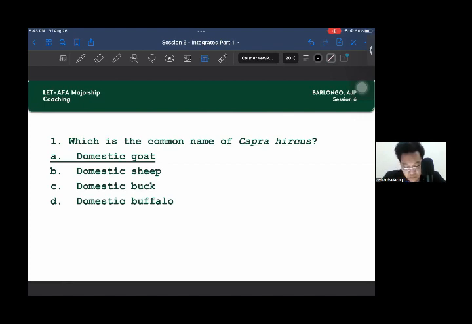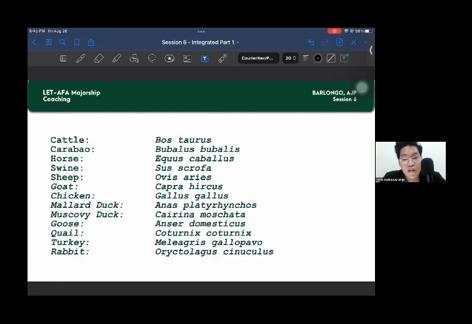I have here the list that we did in our last session, a quick review of the scientific names of our farm animals.